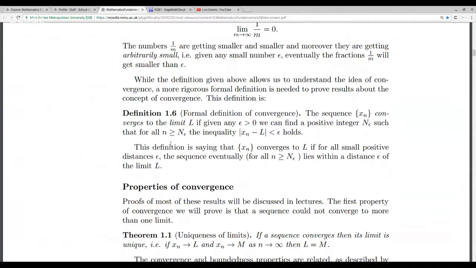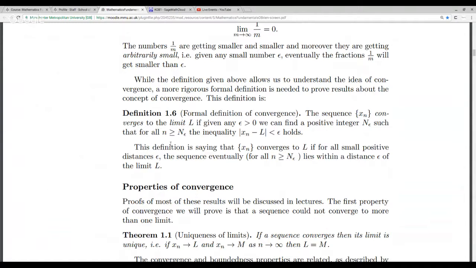So epsilon is like the degree of closeness, or the limit of closeness of the sequence elements to the limit, and the point capital N is the point in the sequence at which this closeness starts to happen and is satisfied for the whole rest of the infinite tail of the sequence.